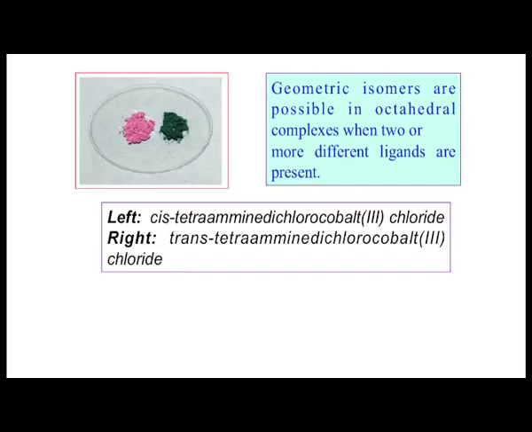For the left one, it is the cis tetraamine dichlorocobalt 3 chloride. The same compound where the cis compound is pinkish in color, but the trans compound, which is trans tetraamine dichlorocobalt 3 chloride, is green in color.